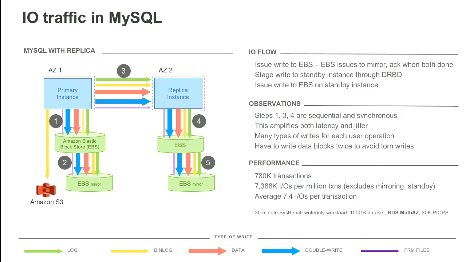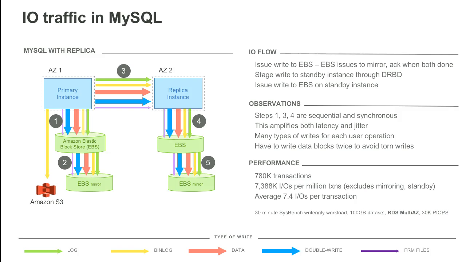The primary instance is writing to EBS, Amazon Elastic Block Store, and that data is being mirrored within the same region. Using synchronized mirroring technology, we also replicate the data written to your local EBS to the standby EBS volume in the other AZ, where it is also written to a local mirror.